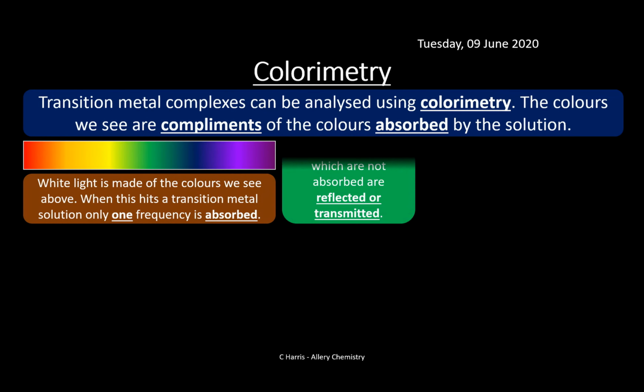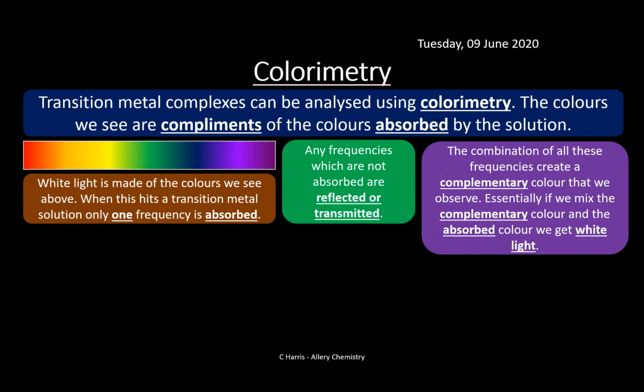So if you remember that from what we said before, any frequencies which are not absorbed are reflected or transmitted. So that means anything that is not here. So for example, if red is absorbed here, then all the other colors here blend together to reflect or transmit from the test tube. So the combination of all of these creates the complementary color that we observe. Remember that from what we mentioned before.